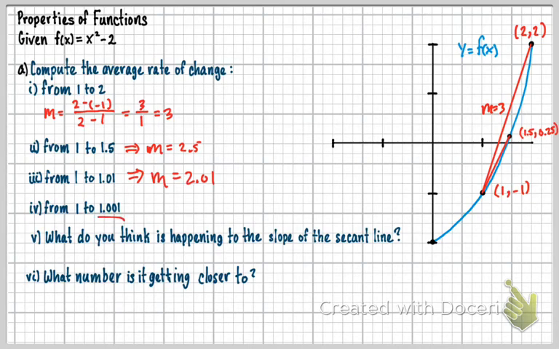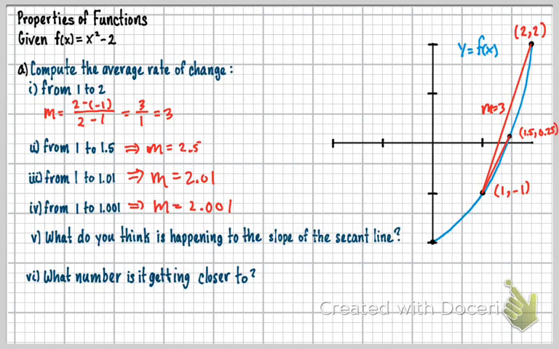And now to do 1.001, that's going to be M equals 2.001. So as you can see, as these numbers get closer to 1, it looks like we're getting closer to 2. And remember, they call these lines where they intersect the graph in 2 spots a secant line.